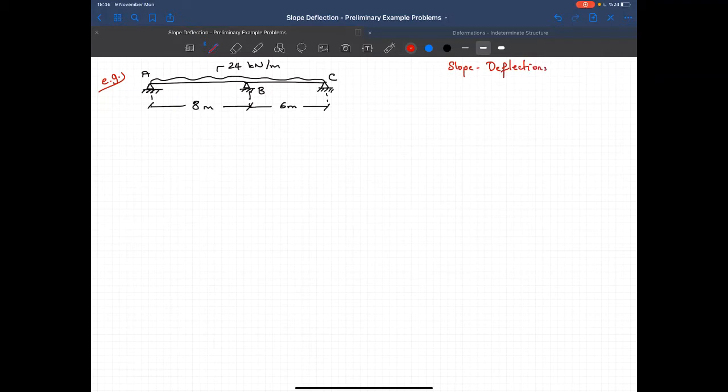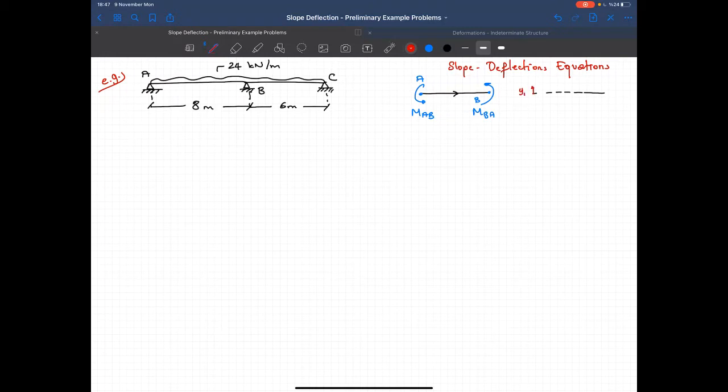The first one is for the most general case, right? We took a member. We said that I have a moment at this end, let's call it MAB, and another moment MBA, right? This is point A, this is point B. And we said that under these end moments, this structure will move as follows.